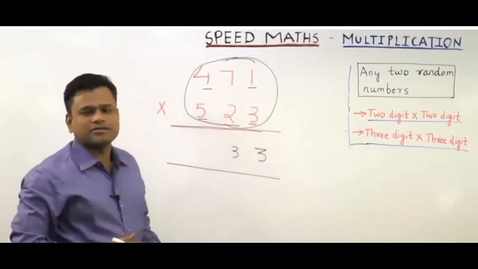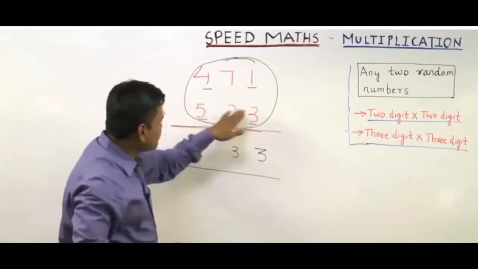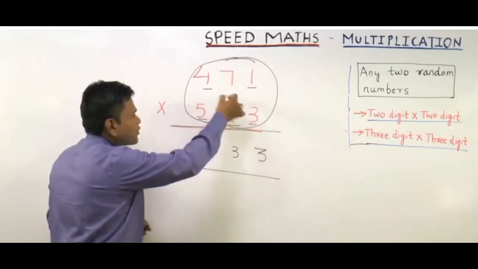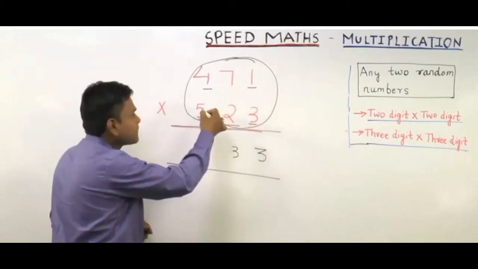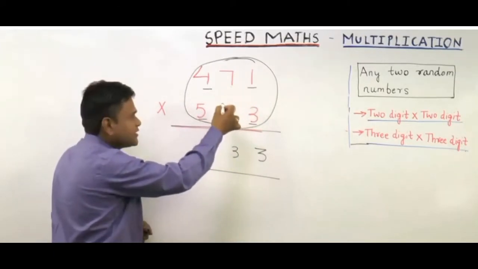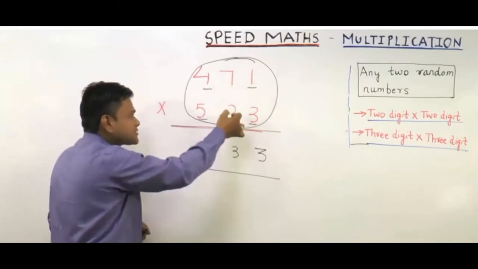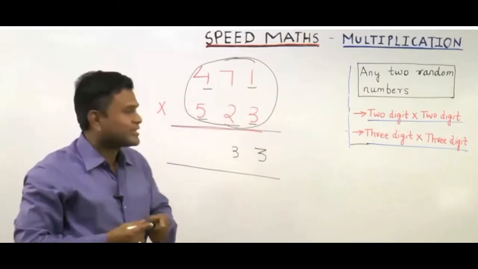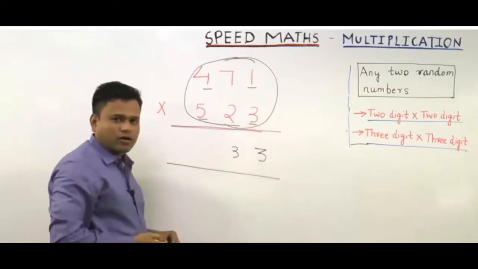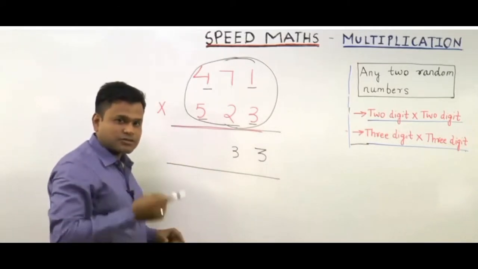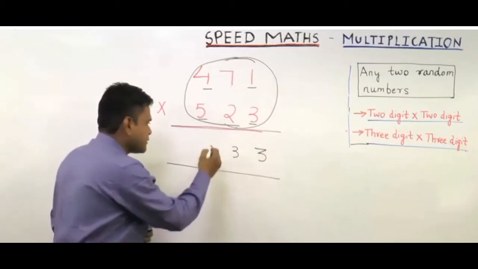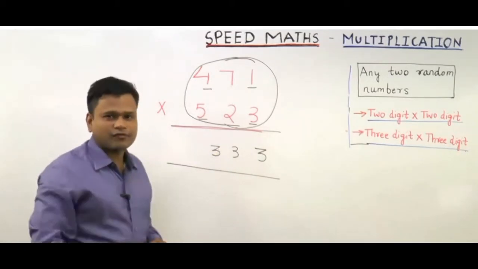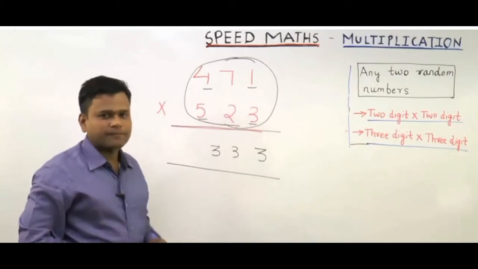Remove those corner numbers. 5 threes are 15. 5 threes are not, this is 4 threes are. 4 threes are 12, plus 5, 17. 17 plus this number, which is 14, which is 31. 31 plus that carry forward from the previous number, which is 2. We get this number as 3. And we get a new carry forward now, which is equal to 3.